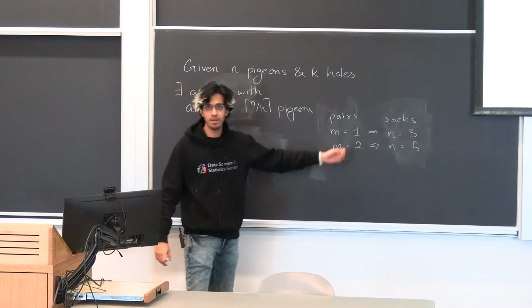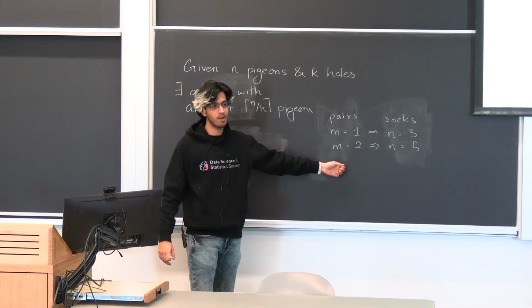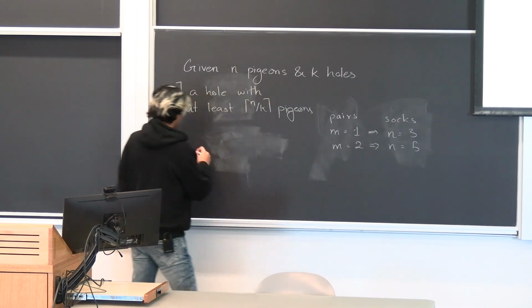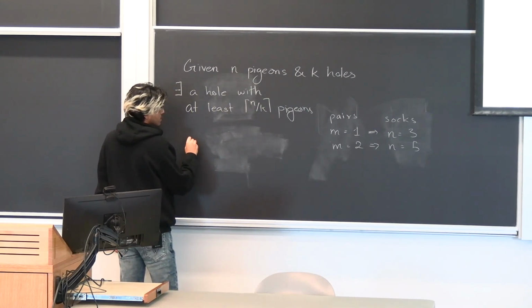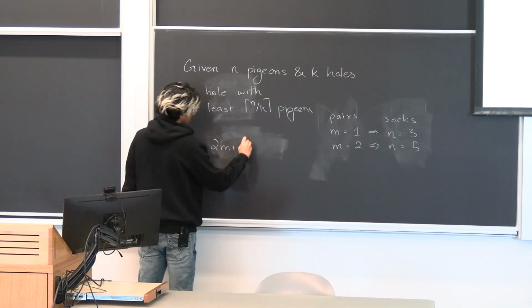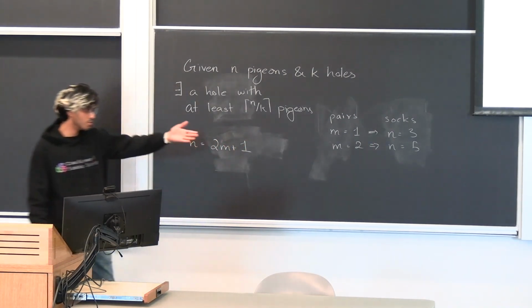Does anyone see a pattern here? Yeah. What's the pattern? Like each time basically add 2, so it's basically 3 plus n minus 1 times 2. Yeah, that's correct. So n equals 2m plus 1. Right? It's what you said, but simplified.